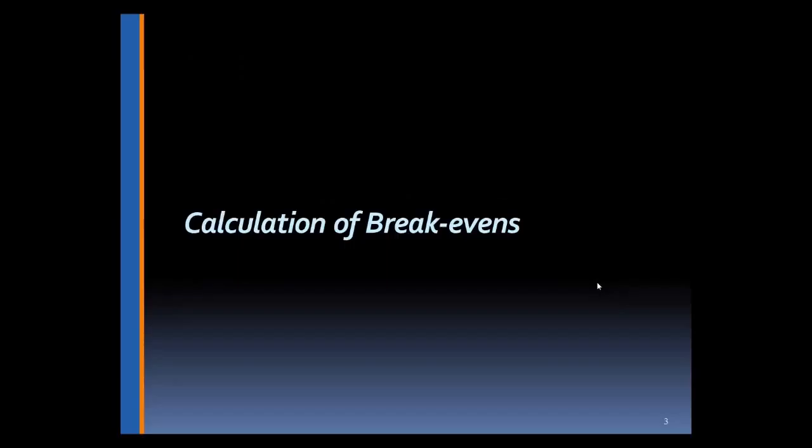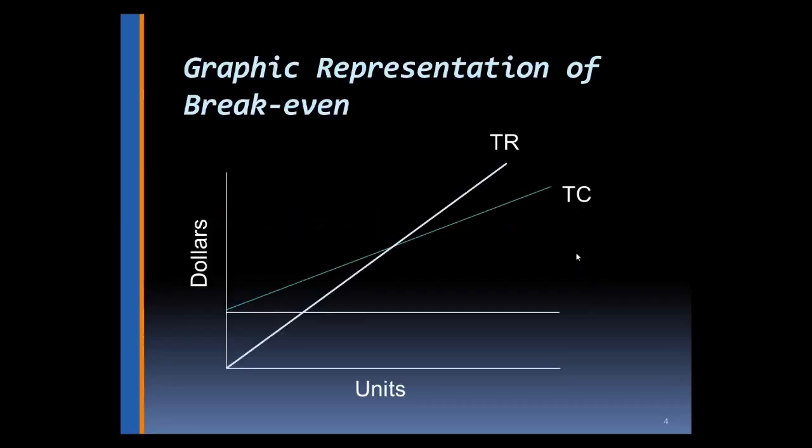When we're looking at break-even, basically what we're talking about is at what point does the total revenue equal the total costs? And that intersection is known as the break-even. Graphically, it looks something like this. We have a fixed cost line, we have a variable cost line, and we have a total revenue line.